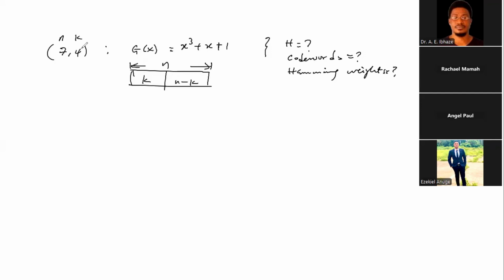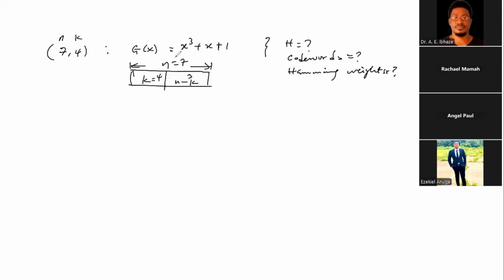So we know the parity here is 3, and the code length is going to be 7, where n is 7 and k is 4. So n minus k is going to be 3, right? So 3 plus 4 bits will give us 7 bits. So the code length is 7. So the generator matrix is going to literally give us a length of 7. That's where I'm going to.